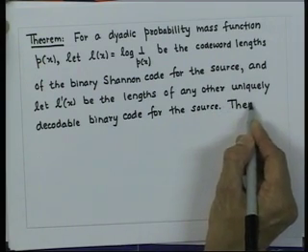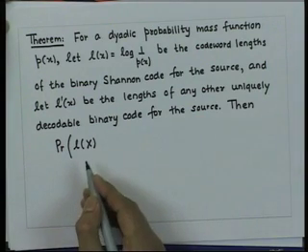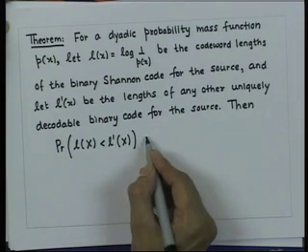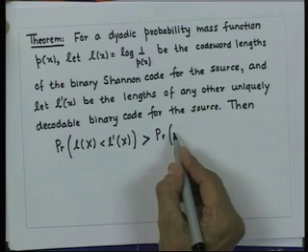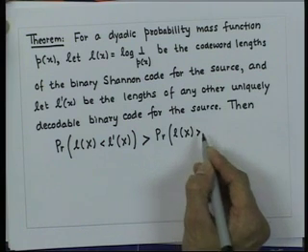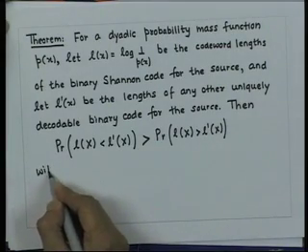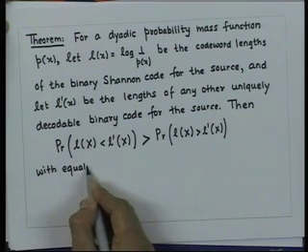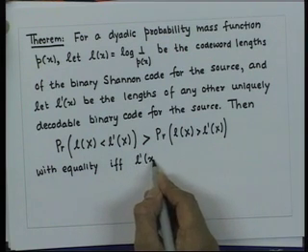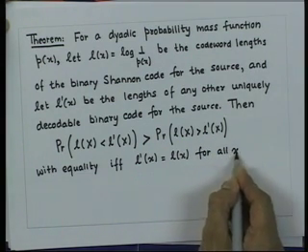Then the theorem says that probability of Lx being less than L dash x is greater than probability of Lx being greater than L dash x, and this is with equality if and only if L dash x is equal to Lx for all x.